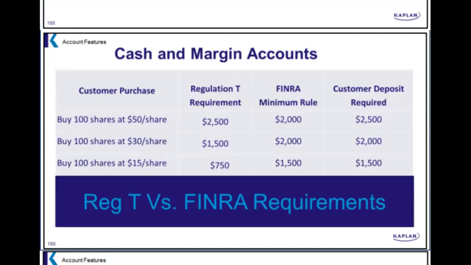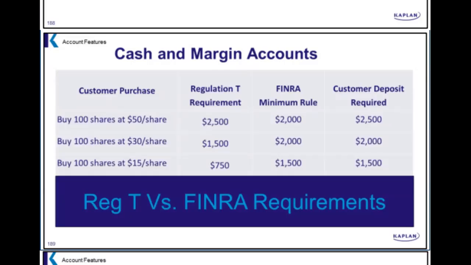Well, that is the Reg T rule. But the Reg T rule is going to be overridden by FINRA's rule. And FINRA has a rule that says that in order to margin, there is a minimum amount of $2,000 that must be deposited.